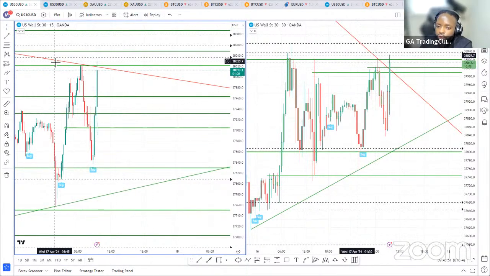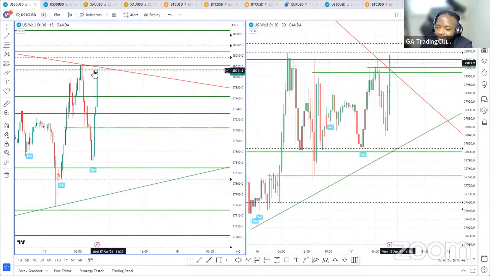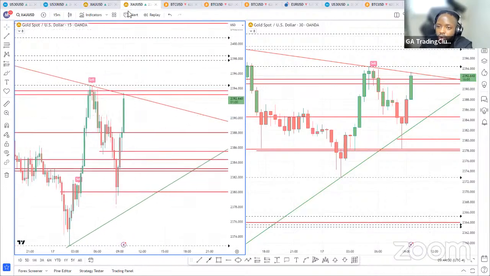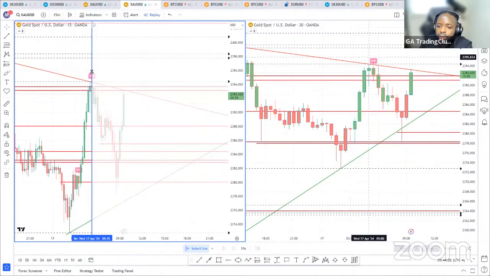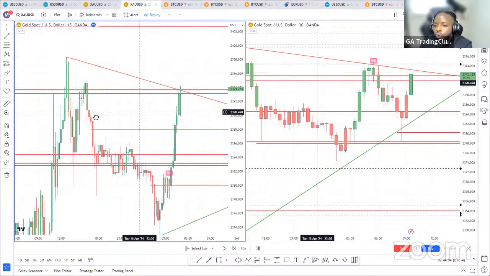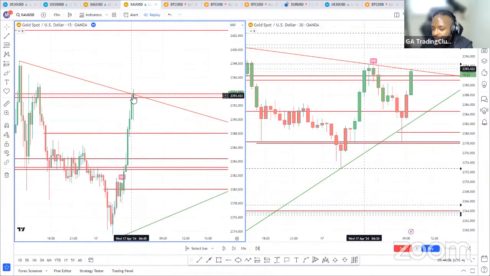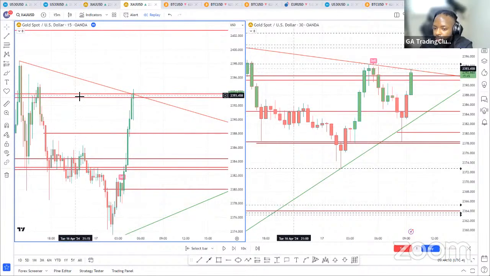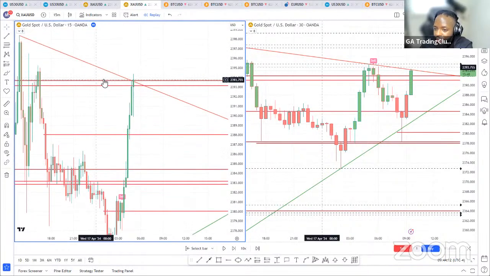So you want to watch for price to reject off of either of these trend lines and either close above or below an SAR. The best example is this one that happened last night on gold. If I replay this, you want to watch for price coming next to a trend line, and this is the top trend line, so you would anticipate some sell SARs or red SARs.